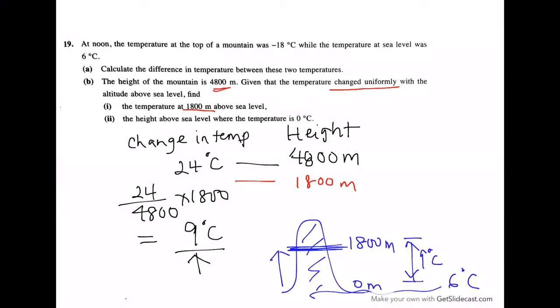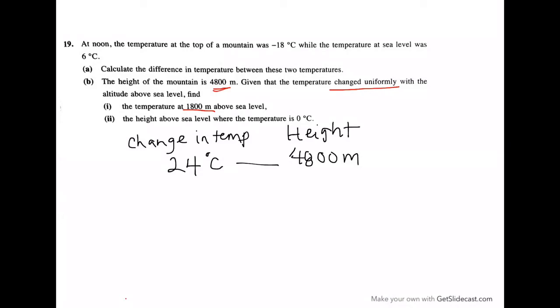What does this mean? This means my temperature has dropped by 9 degrees Celsius from 6 degrees Celsius. So my actual temperature will be 6 degrees Celsius subtract 9 degrees Celsius, and that will give me a temperature of negative 3 degrees Celsius.